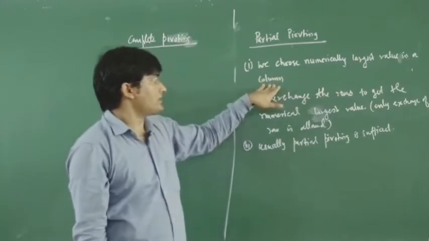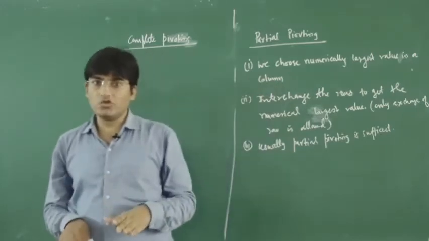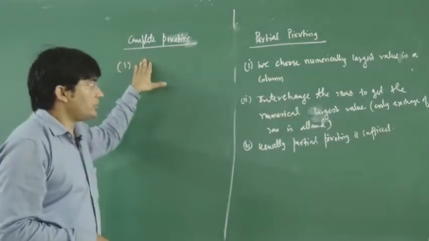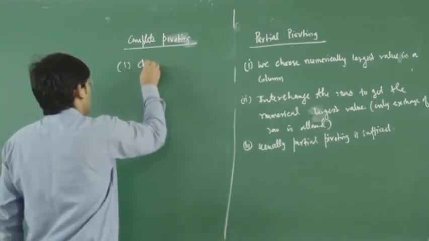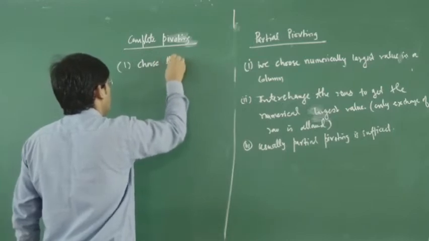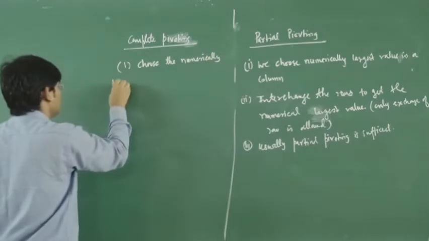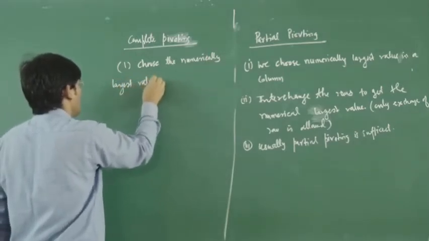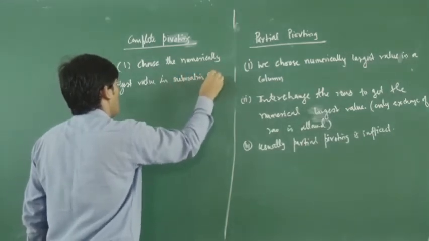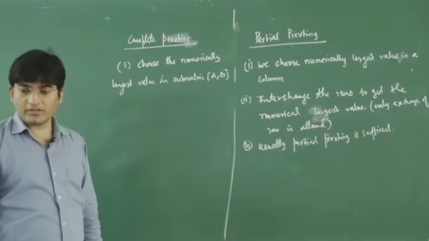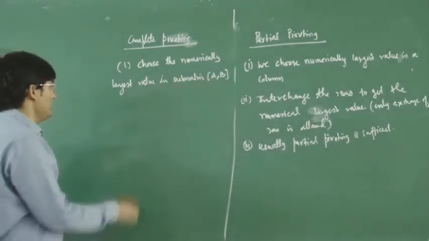Now in partial pivoting we have chosen the numerically largest value in a column, but in the case of complete pivoting we will choose the numerically largest value in the submatrix A comma B. So here we will choose the numerically largest value in the submatrix A comma B. So this is our first step.